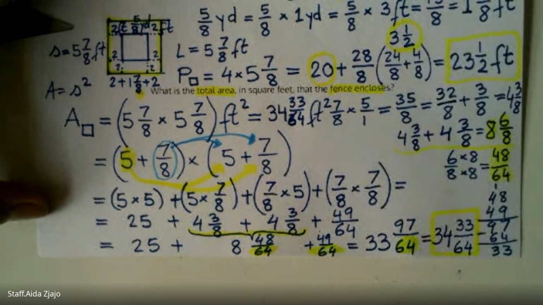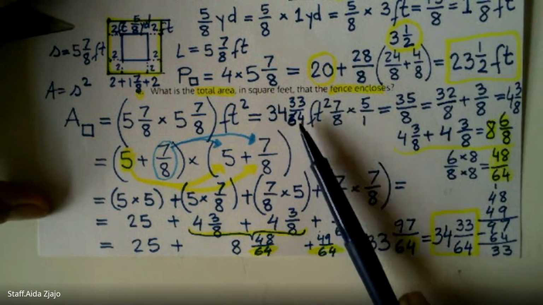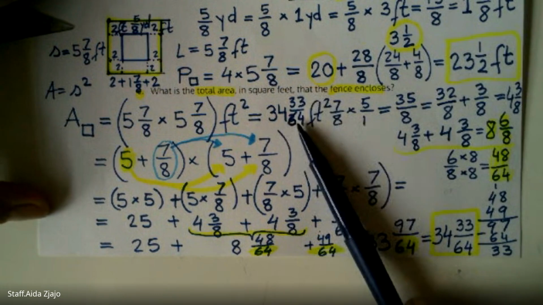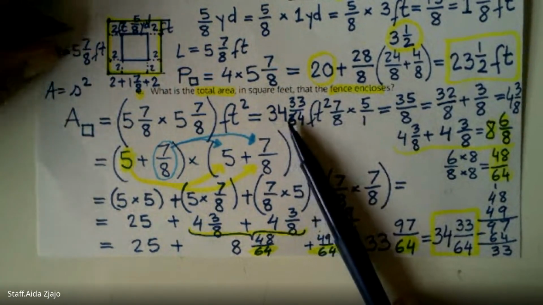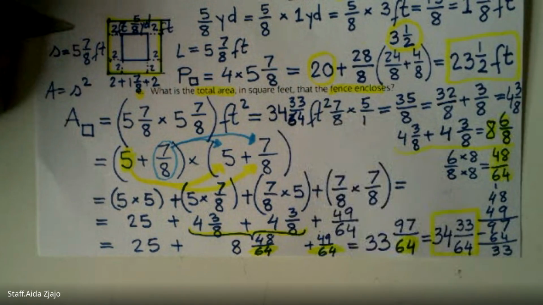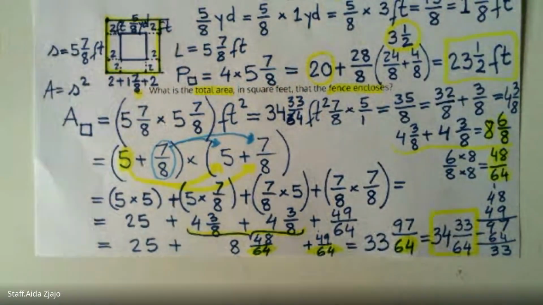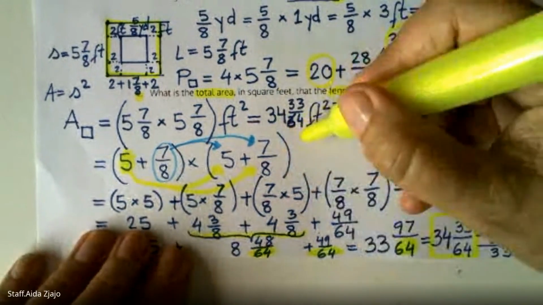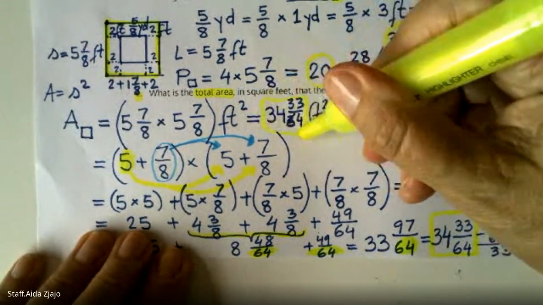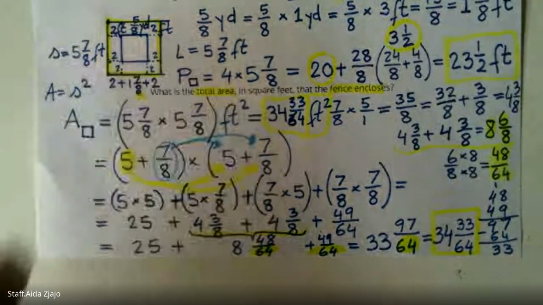If I needed to estimate, I see that 33 is about half of 64. So we can estimate that this is about 34.5 square feet. That's the final answer, answer E.